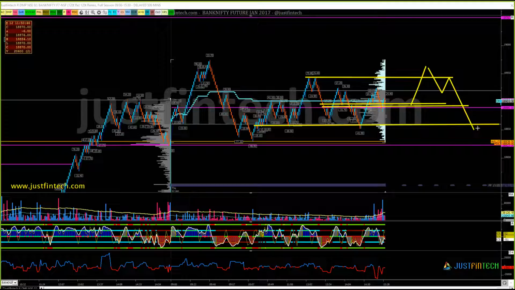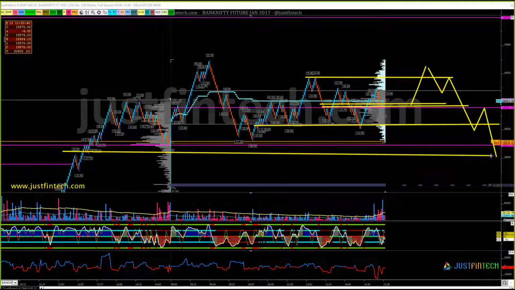So breaks into this, again pushes back to the mid, and then falls back down, breaks this high, and tests the demand into this 18,800 zone. That is the likely scenario if it opens inside the range and does not find any demand on the upside.